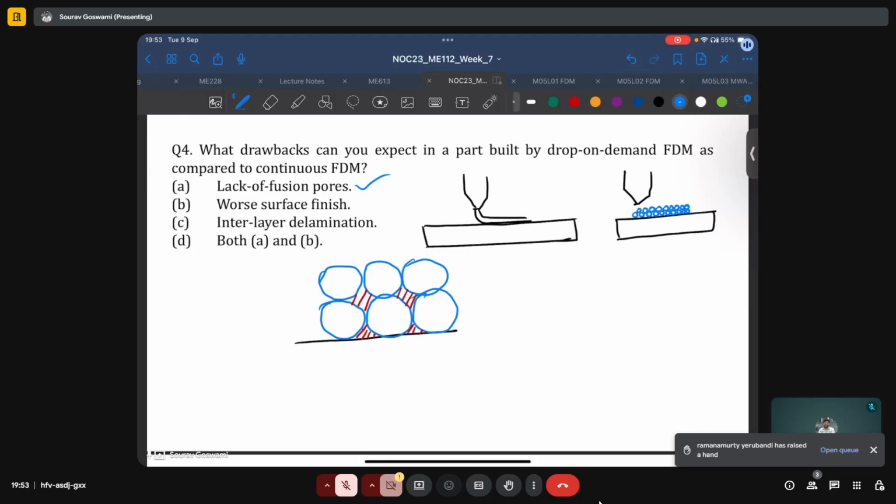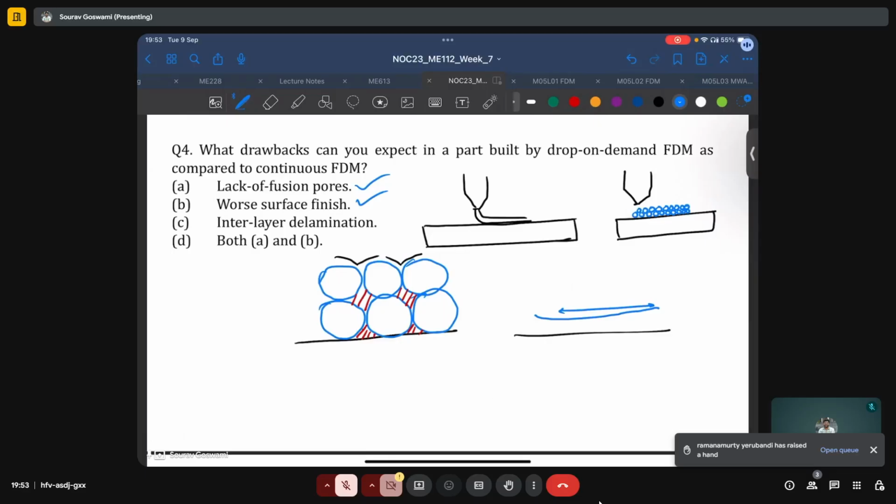Second, because these are deposited in the form of these discrete spheres or drops, you will always have these undulating features on the top surface. Whereas, say, compare that to a continuous deposition where at least the top surface with bead ironing can be made sufficiently flat over sufficiently long distances. So it is expected to have worse surface finish.